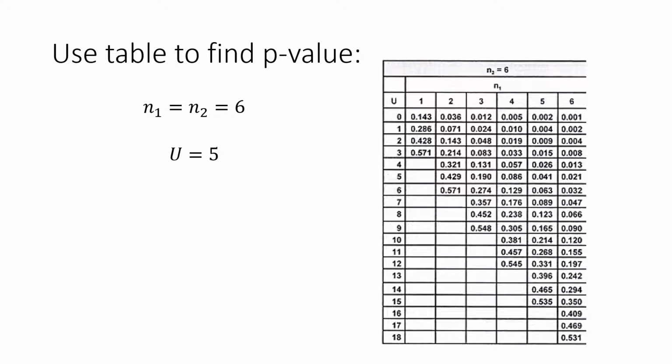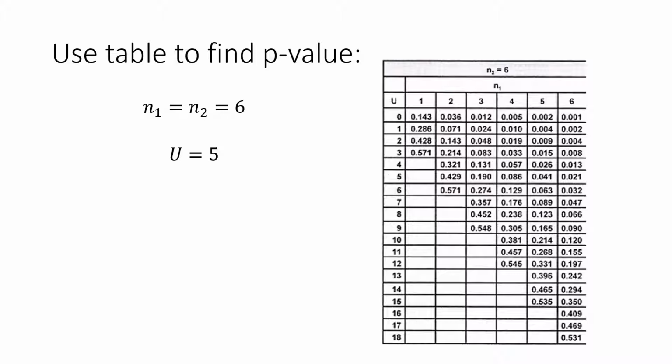Next, I use the table to find my p-value. These tables vary depending on the book that you look at. First I'm choosing the appropriate table, which is the one with N2 equals 6. N1 here is also equal to 6. So I'm going to go down the column until I find my U in the table, which is at 5.